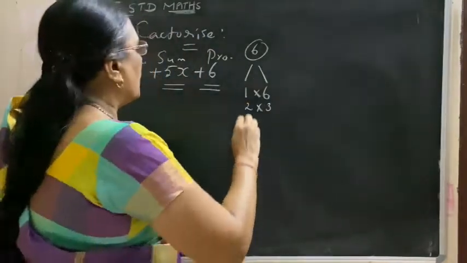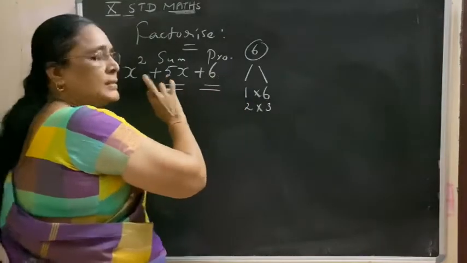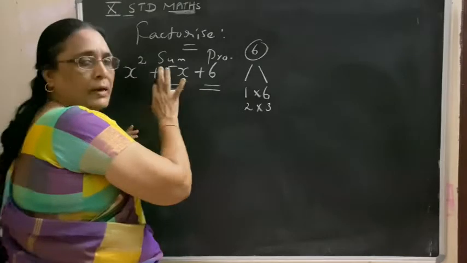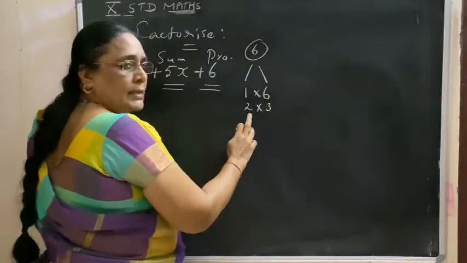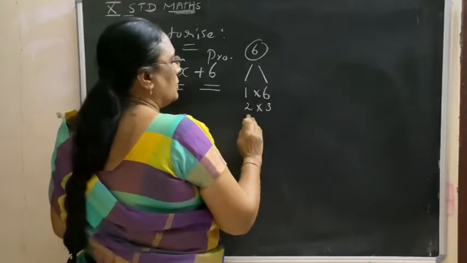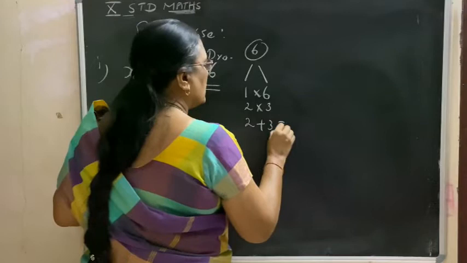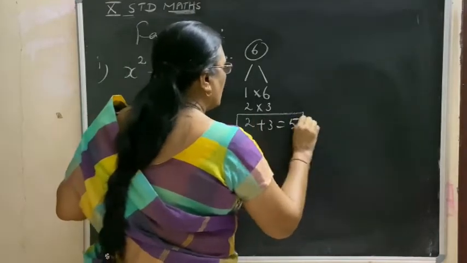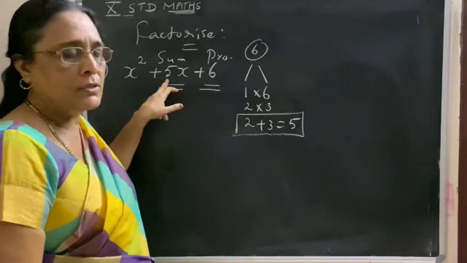Right? Now see, 1 plus 6. What is 1 plus 6? 1 plus 6 is nothing but 7. But we need only 5, so we can't take this. Now see the second one. 2 plus 3. If you add 2 plus 3, you will get 5. So we need the sum of the terms as 5, so it is correct.